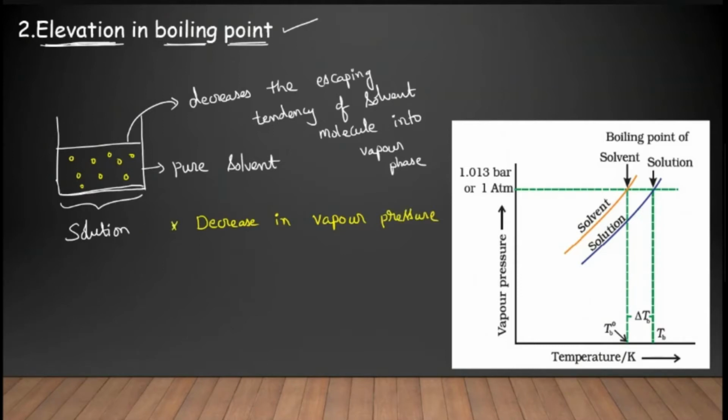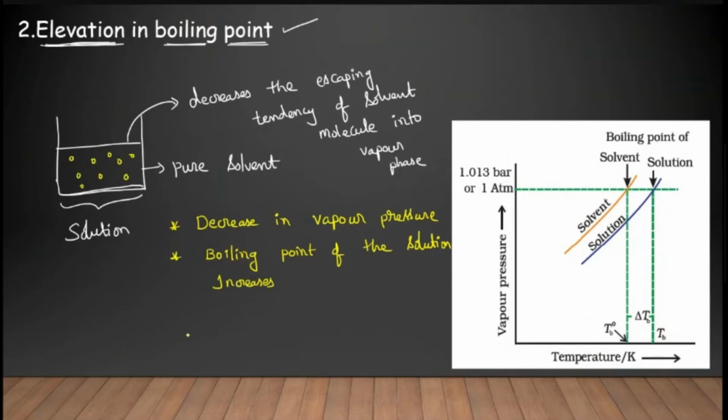So when the vapor pressure decreases, obviously the boiling point of the solution increases.